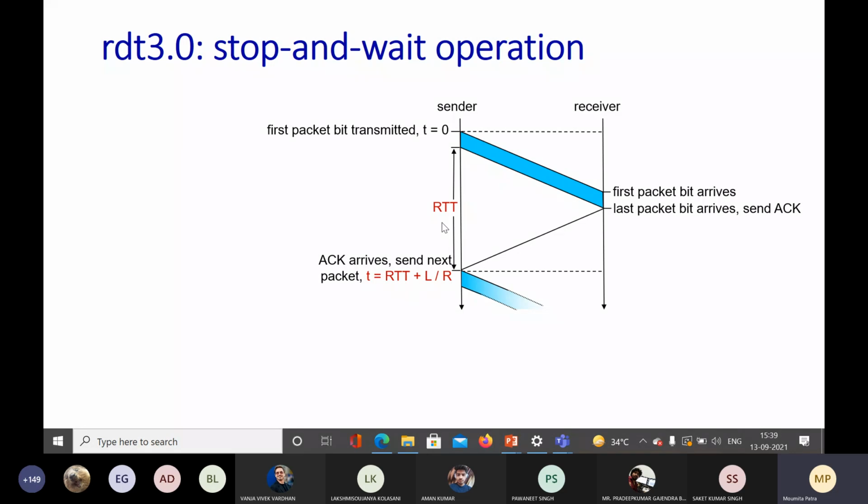So the sender waits for a total time of the transmission delay plus a round trip time before it can send another packet. The sender sends a packet, and then it waits for its transmission plus a round trip time just for the acknowledgement.